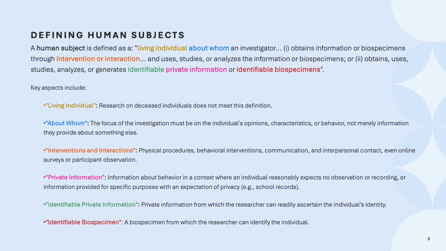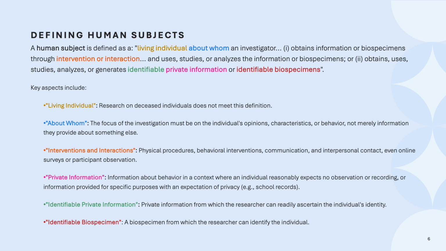The wording "about whom" denotes that the focus of the investigation must be on the opinions, characteristics, or behaviors of the individual. Asking an individual to provide information about something else, like how many microloans were made in a year, is termed an "about what" question and does not meet the federal definition of human subjects. Interventions consist of physical procedures and behavioral interventions where data are gathered or certain aspects of the subject or their environment are manipulated.